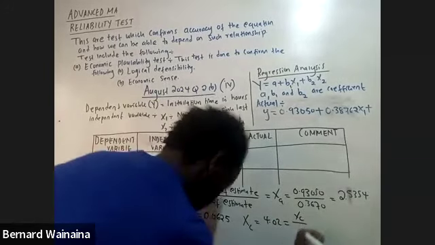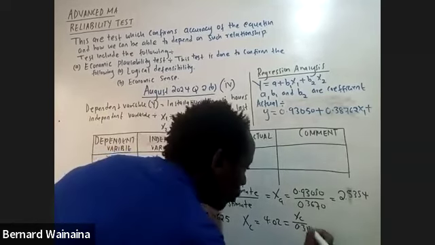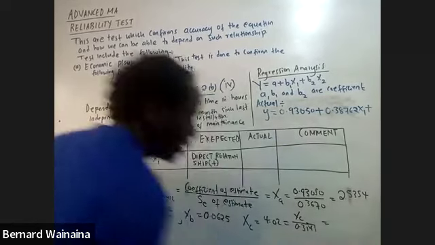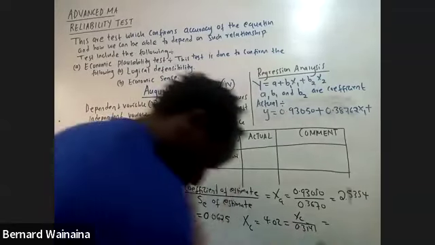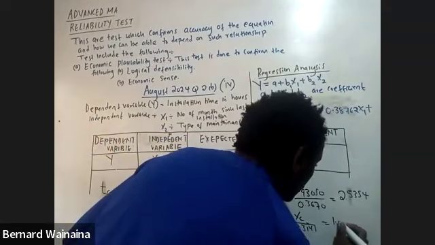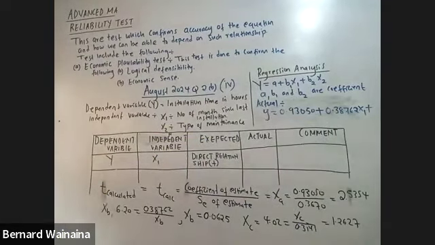XC over 0.3141. So it means you multiply this one with it, so you get that 1.2627.